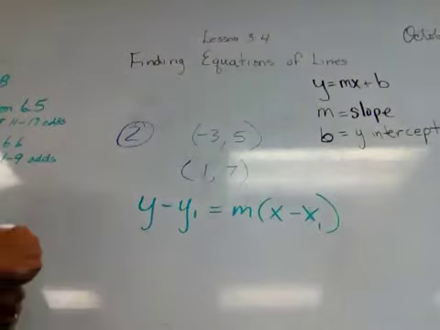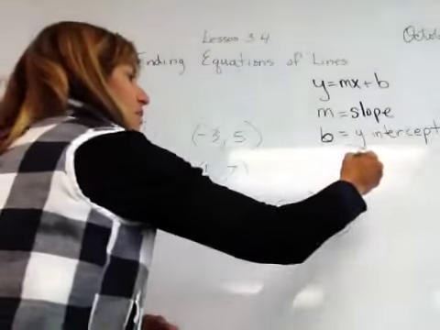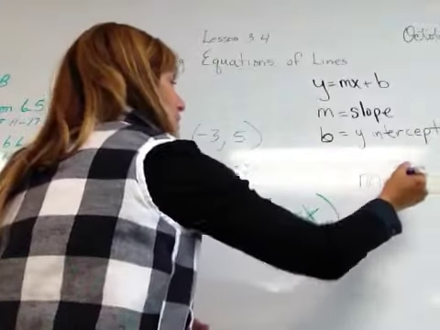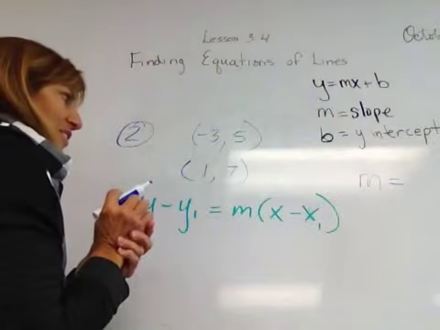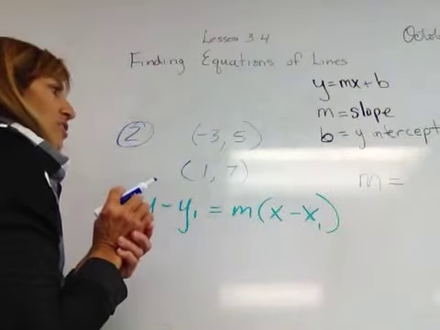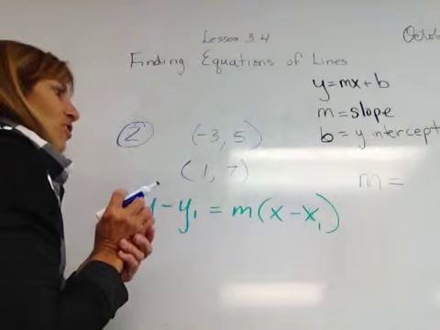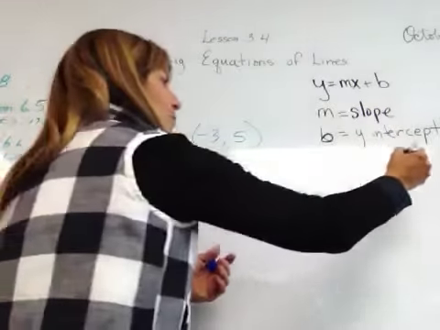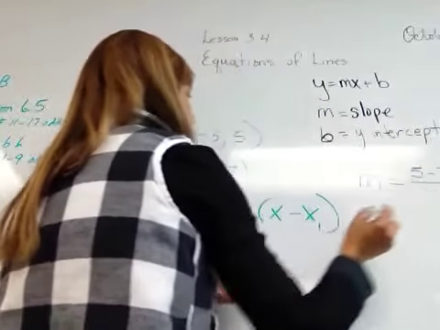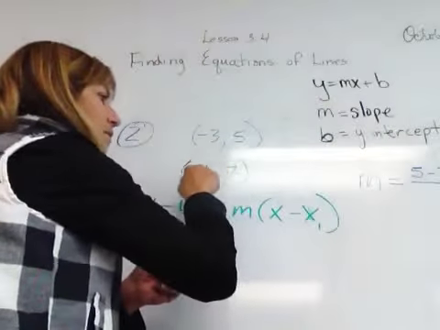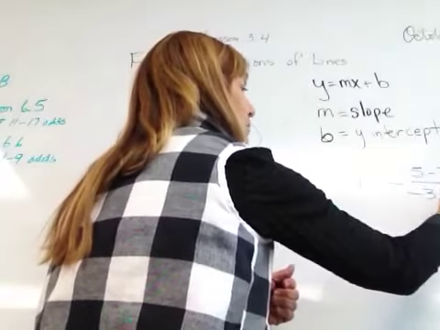Okay, so using the slope formula, y2 minus y1 over x2 minus x1. Which y do you want to start with? Maddie, you go ahead and find slope for us. 5 minus 7 over negative 3 minus 1.